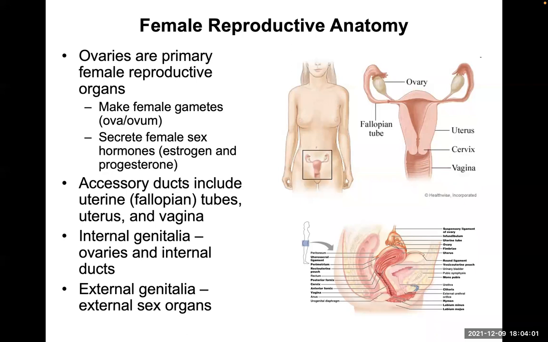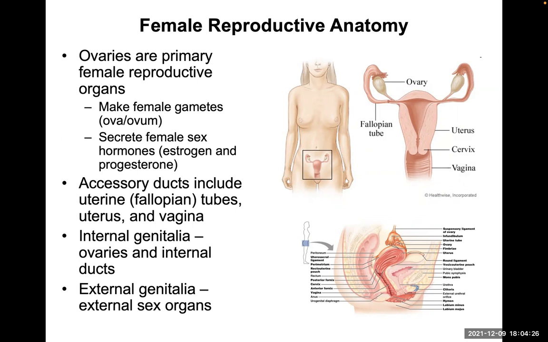By way of reminder, when it comes to the sex hormones, for females we have estrogen and progesterone, where we have testosterone for males. And just like the male reproductive system, we have accessory structures and a duct system that allows the gamete to leave the gonads and travel down to where the oocyte may or may not meet a sperm.